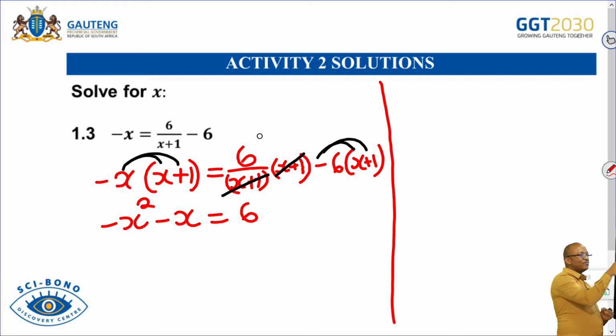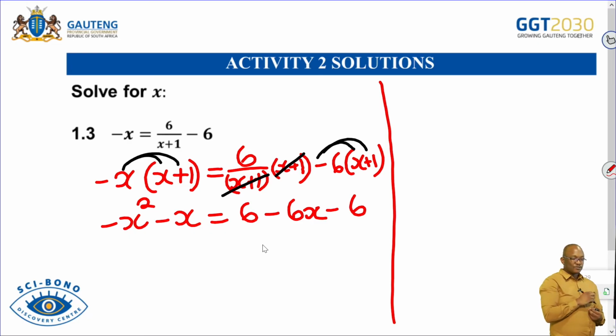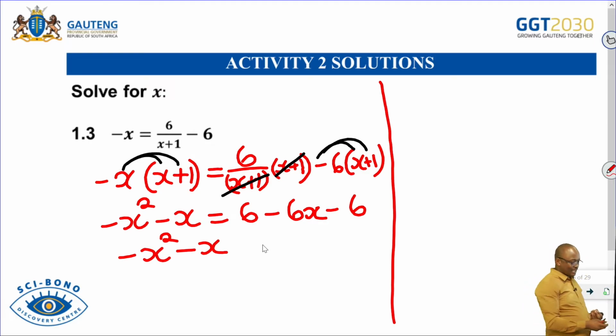Then negative 6 multiplied by x is negative 6x, and negative 6 multiplied by 1 is negative 6. So what I'm going to have here is negative x squared minus x. Those are not like terms. We can't add them.